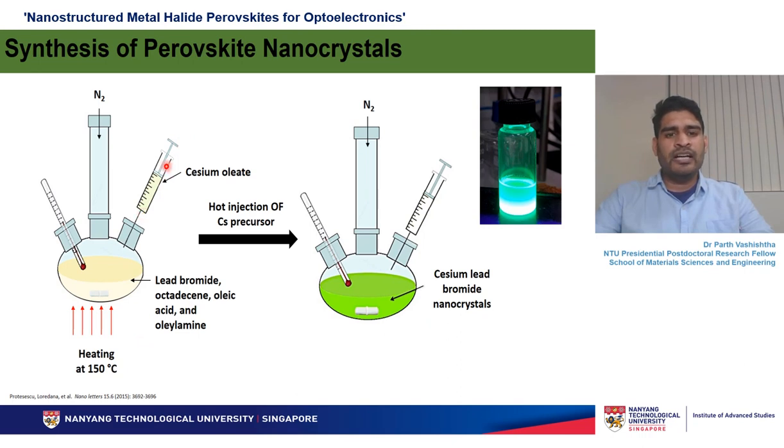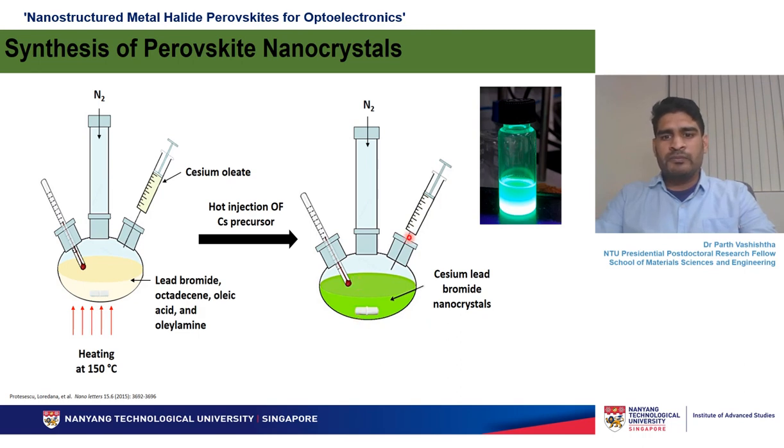As soon as we inject the precursor solution at the higher temperature, it causes a sudden burst of nucleation, and the nuclei start forming very fast at this particular temperature. As soon as the nuclei start forming, we cool down the reaction with an ice bath, and it quenches the reaction so fast that no more nuclei form, and it results in more monodispersed nanoparticles.